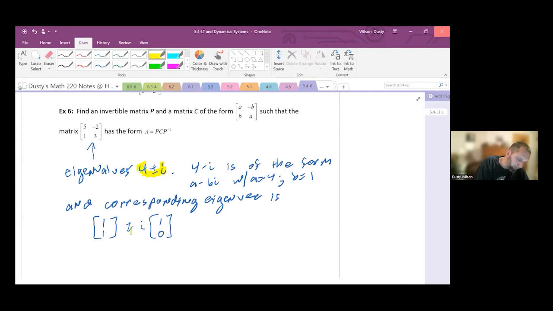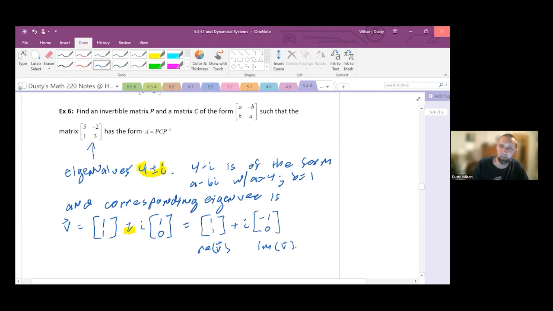And what we want is the minus sign here, because we want the one that is tied with the negative eigenvalue. And so we could rewrite this as 1, 1 plus i times, bringing the negative inside, -1, 0. So this whole thing is our eigenvector v, and the 1, 1 would be the real part of v, and the -1, 0 would be the imaginary part of v.